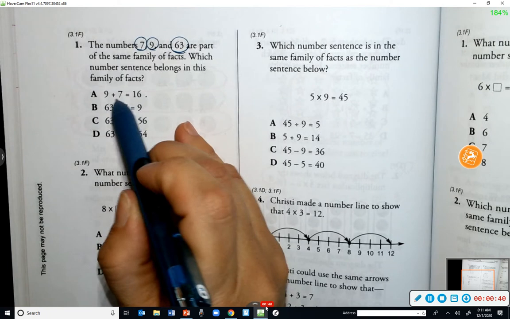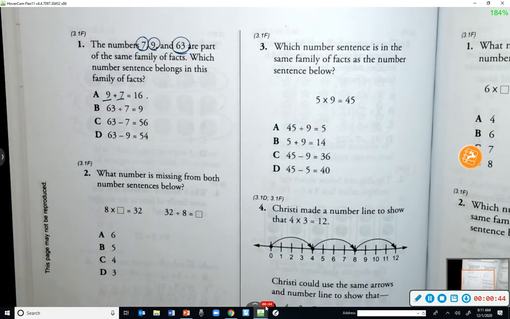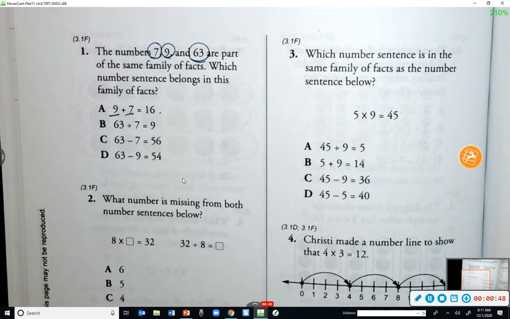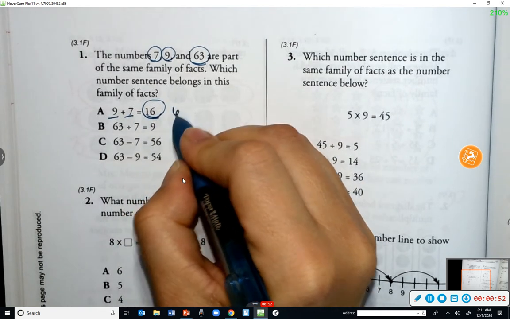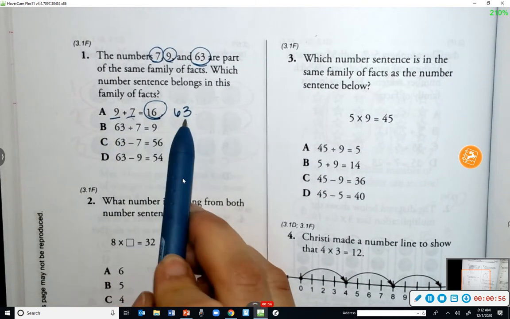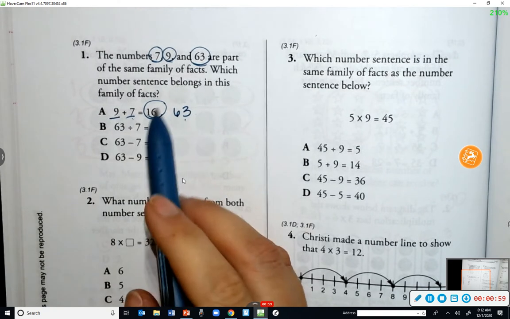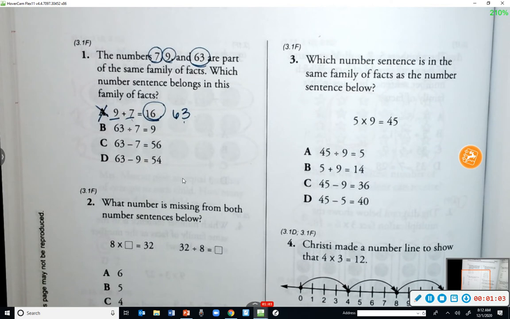I see a 7 and a 9, but what was wrong with this one? It had 16 and there's 63 instead of 16. Okay, good. We don't need a 16. It should be 63. And you definitely cannot add 9 and 7 and get 63. So A is not correct.